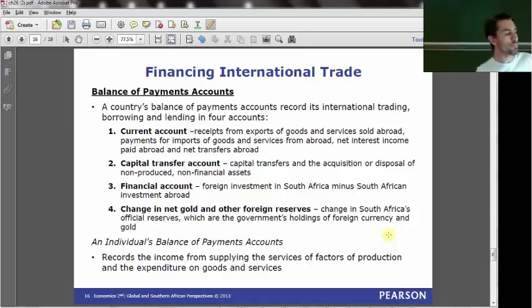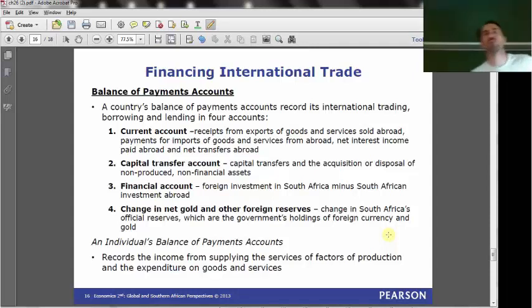Okay? And then there's another thing here called unrecorded transactions, which is funny because they are referred to as a statistical discrepancy, right?